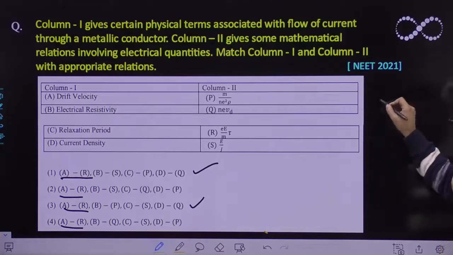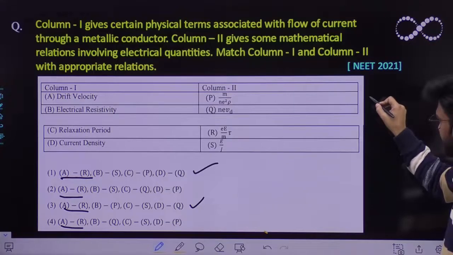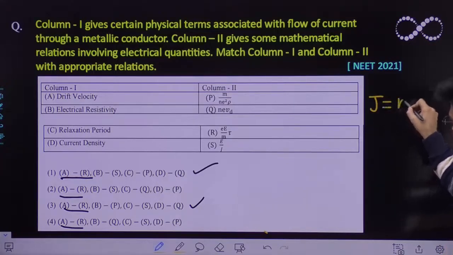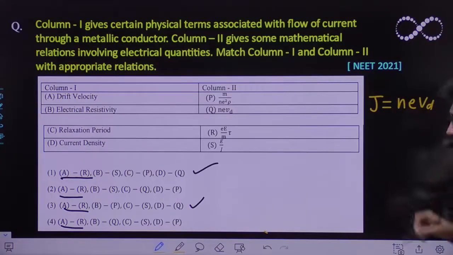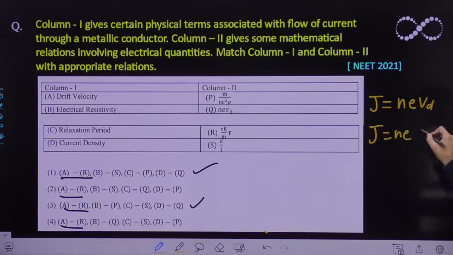We know that resistivity, or conductivity, is given by a relationship. We know that this J is equal to n e Vd, don't you think? And what about drift velocity? Drift velocity is given by the relationship half of eE by m into tau, the relaxation time.